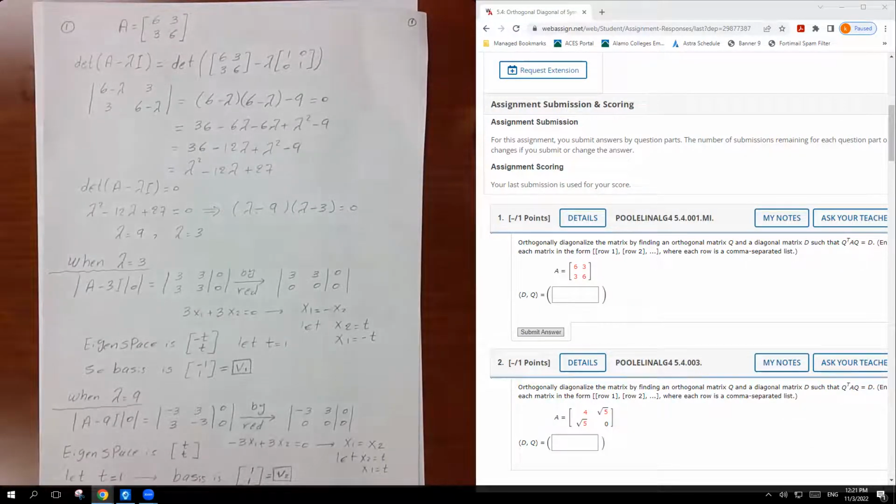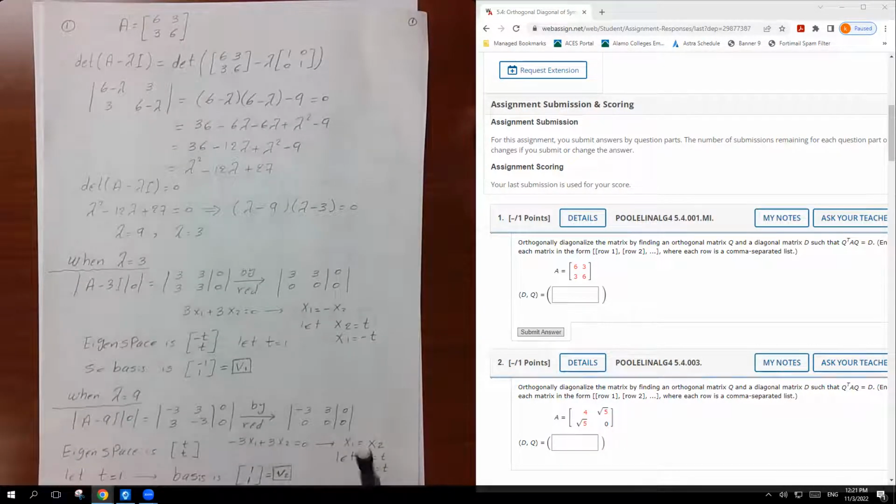Until now, I haven't done anything to find the matrix Q, but I did the steps to find the eigenvalues, and then we found the eigenvectors, or eigenspace bases, which I'm calling v1 and v2. The v1 and v2 are always going to be orthogonal vectors.